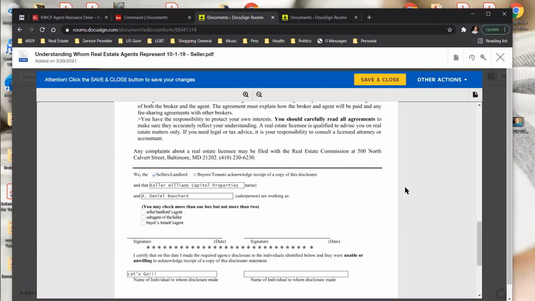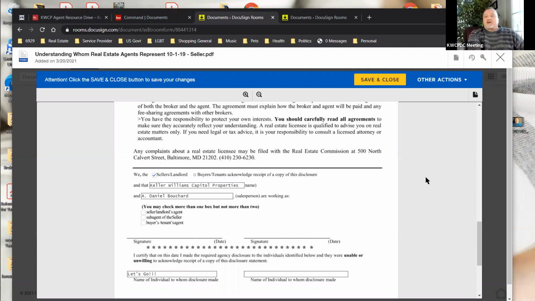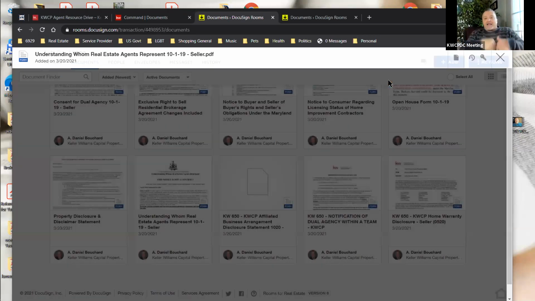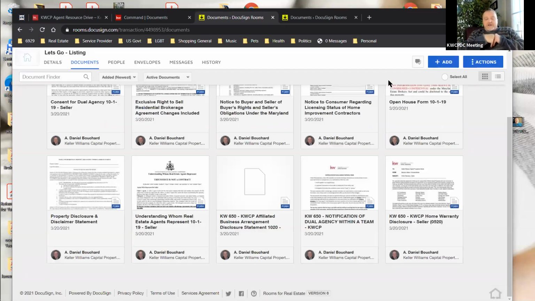Now there is an ability for you to change, and there's a change of agency status form. So let's say you are coming into my listing, you've got a buyer in your hands, and your buyer does not have a buyer's agency agreement with you, but you have given them the Understanding Whom the Real Estate Agent Represents form.